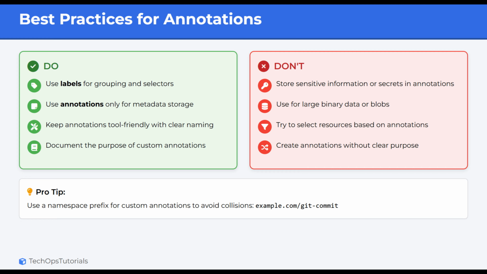Also, avoid using them for large binary data or blobs. You should not try to select resources based on annotations, and don't create annotations without a clear purpose. Please note, to avoid conflicts, it's a good practice to use a namespace prefix when creating custom annotations. For example, example.com/git-commit.